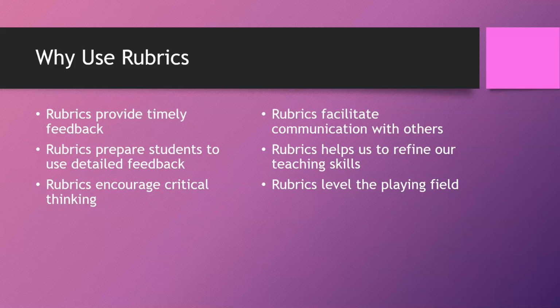Rubrics encourage critical thinking. Students start to look at the rubric and determine what it is that they need to do for that particular task or assignment, because they can see the different components within the rubric.